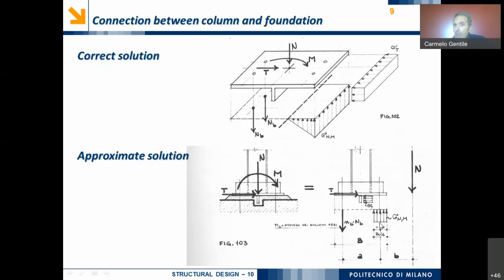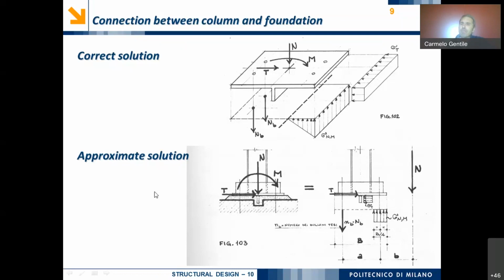If I use this kind of equation, I can find directly one of the two solutions. The other one is, of course, the overall equilibrium condition in the vertical direction, and hence I can obtain also the axial force.